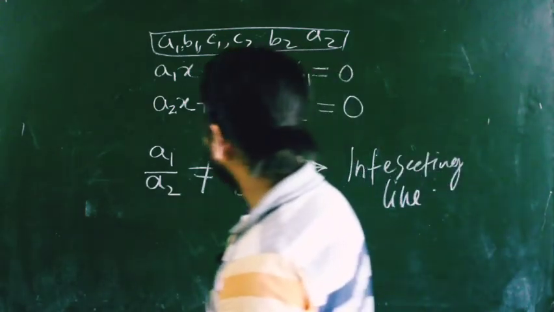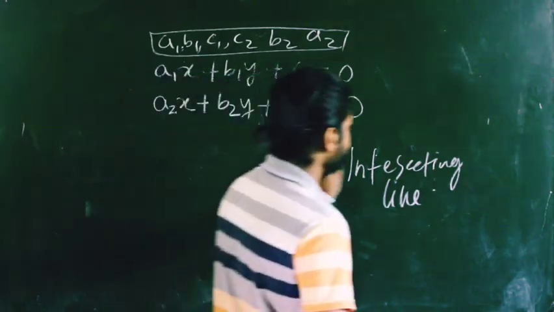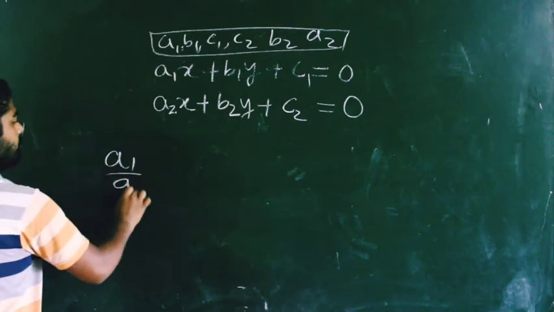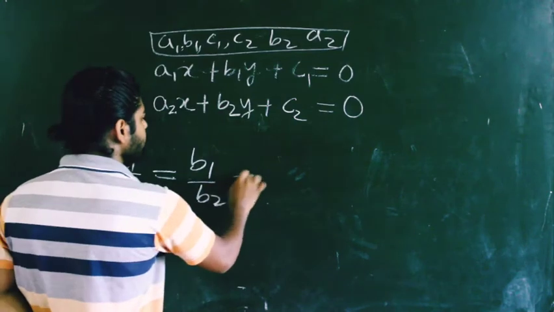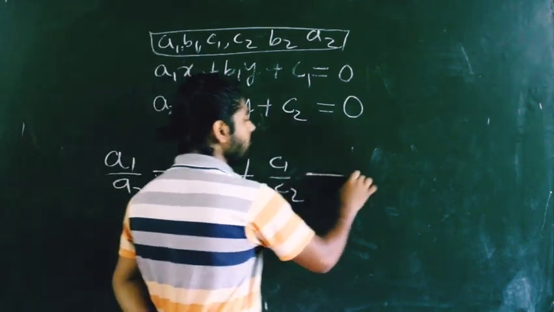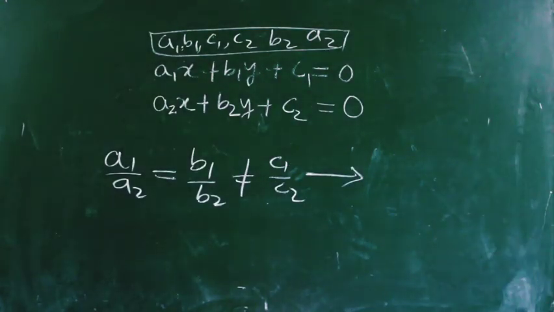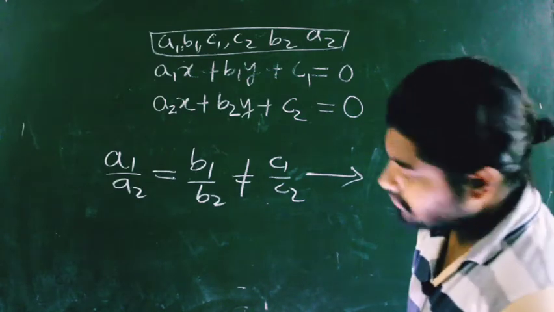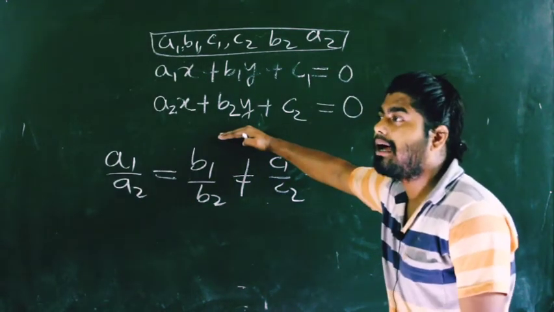Again, if you have a1 by a2 is equal to b1 by b2 is not equal to c1 by c2, then for this particular equation we will have no solution.